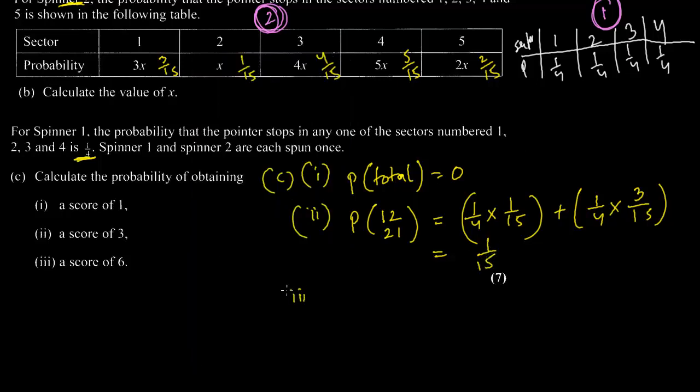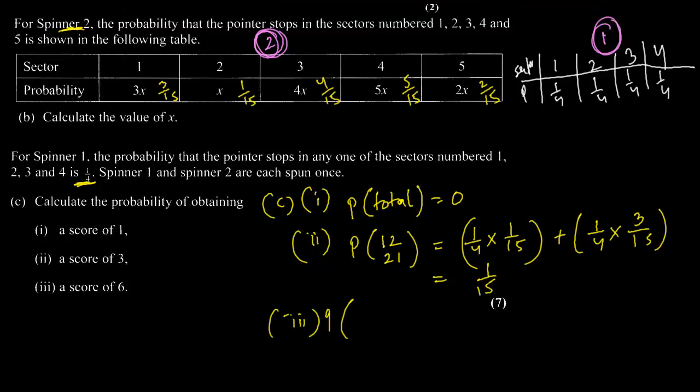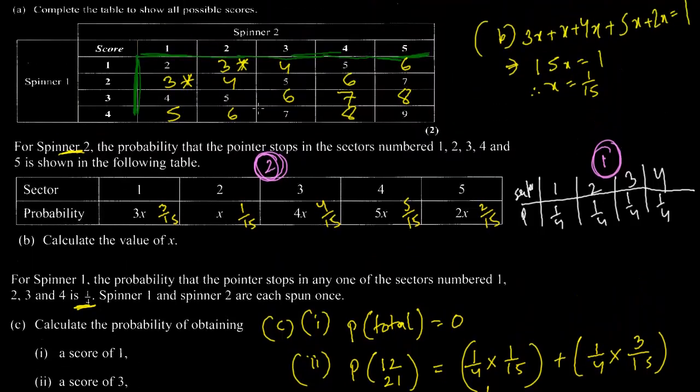Number 3, we want a score of 6. Let's check the totals. We have 4 situations where we have a total of 6. So how many ways can we get a 6? The first one is 1, 5, and then we have 2, 4.